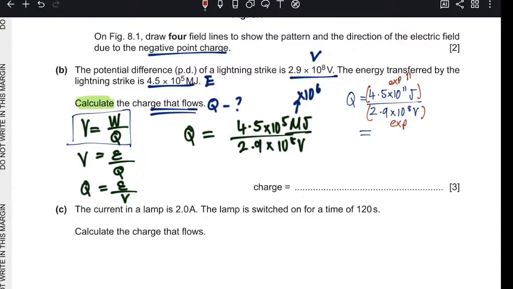Did you say open bracket 4.5 exp 11 close bracket divided by 2.9 exp 8 close bracket? What do you get? Anita, what do you get? Are you punching? Where are my answers? Clive?